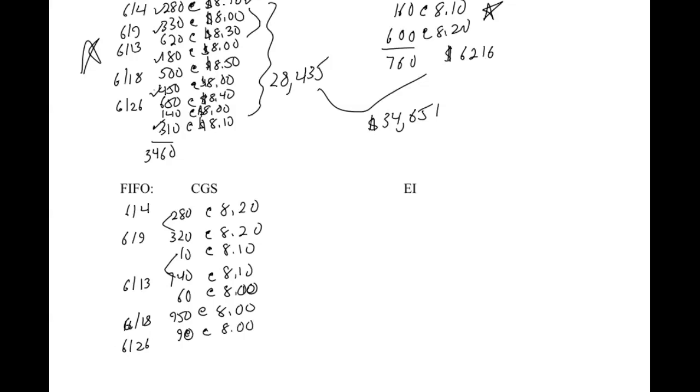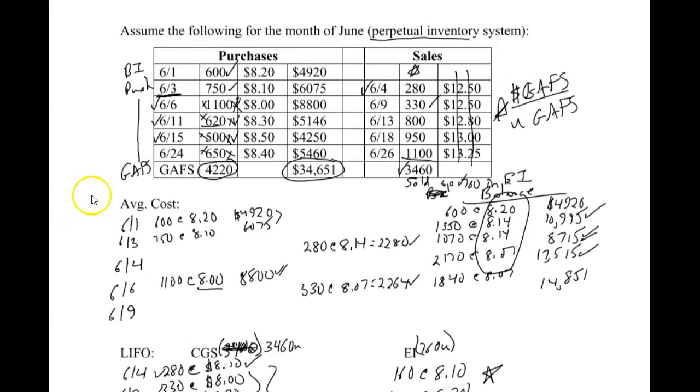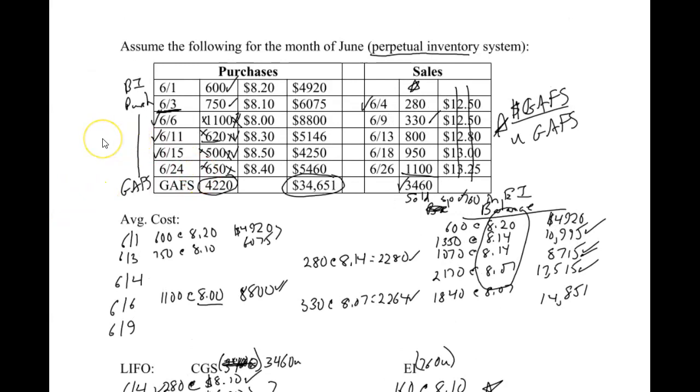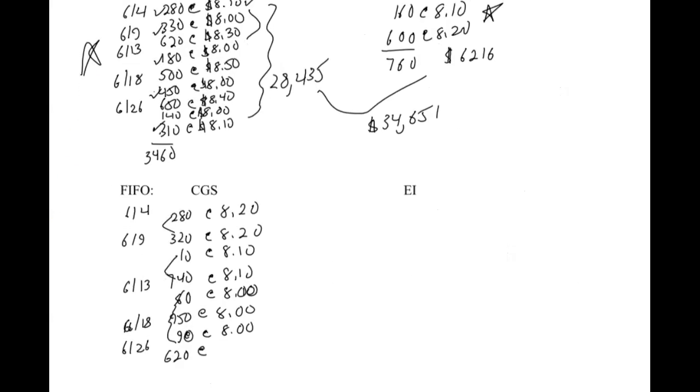All right, so look here. These three right here, that makes up the 1100 units. Okay, so 60 plus 950 is 1010 plus 90 is 1100. So that's that 1100. They're gone. Okay, we sold 620 from the next. So let's scroll back up here and look. We sold the 620 from the June 11th purchase, and then we're going to dig into the June 15th as well.